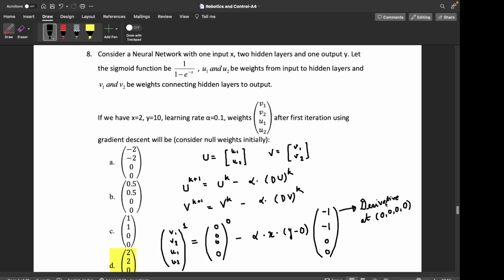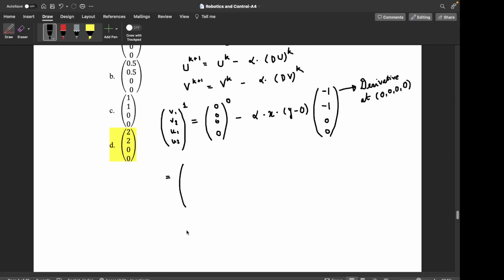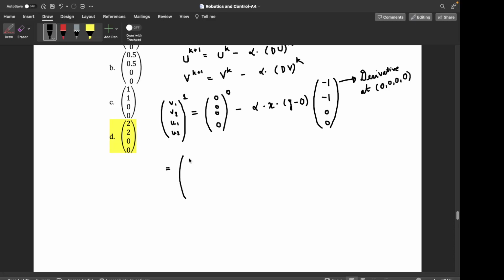Okay, so if you put the values of x and y here, what you will get is zero, zero, zero, zero, and alpha is the learning rate.